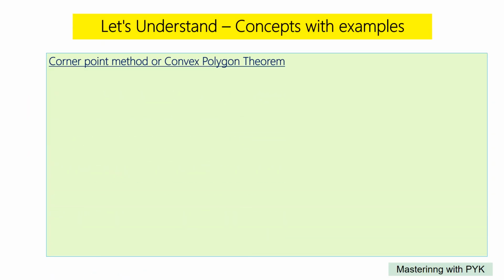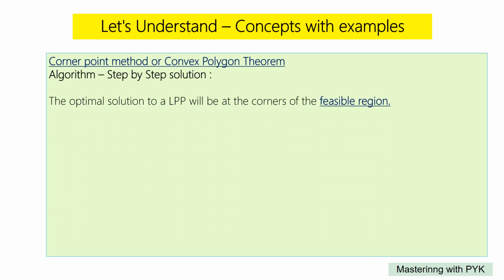So we work on the corner point method or a convex polygon theorem. Right? What does it say? Let's understand step by step, or let's understand the algorithm of this theorem. It says that the optimum solution to the linear programming problem will be at the corners of the feasible region.